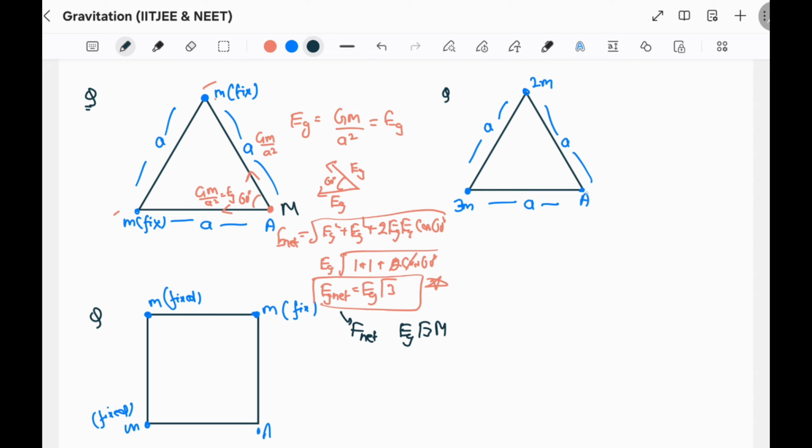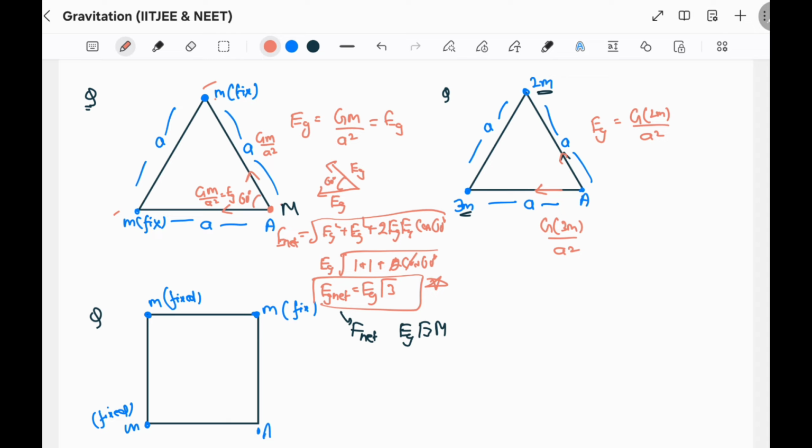Okay, so there are two masses, 2m is given and 3m is given. So Eg because of 2m will be in this direction, and its value will be G 2m by a square, and because of this 3m it will be in this direction, G 3m by a square.